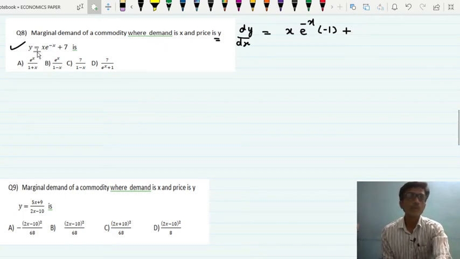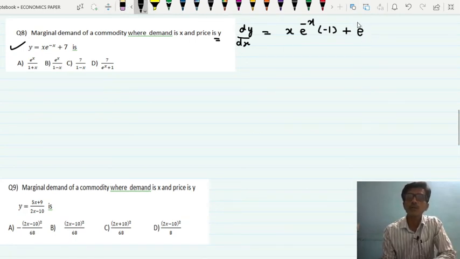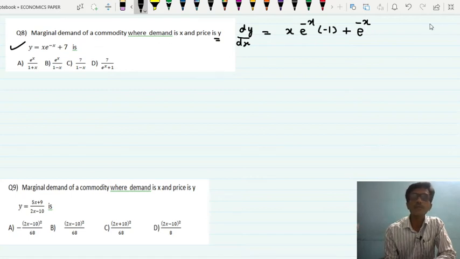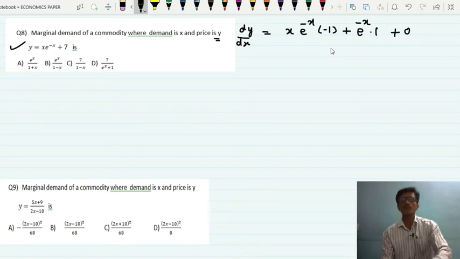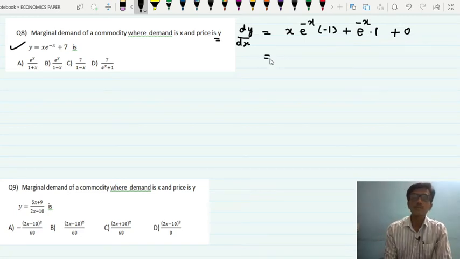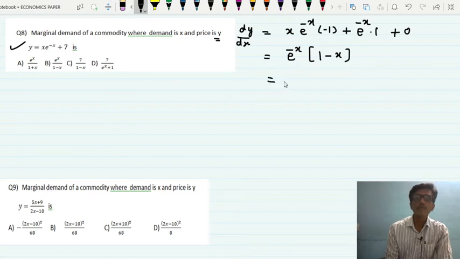Now x into derivative of e raised to power minus x, and e raised to power minus x into derivative of x, that is 1, and plus 7 is constant, its derivative is 0. So we can take here e raised to power minus x common, so it gives us 1 minus x, and this will be 1 minus x upon e raised to power x, that is dy by dx.